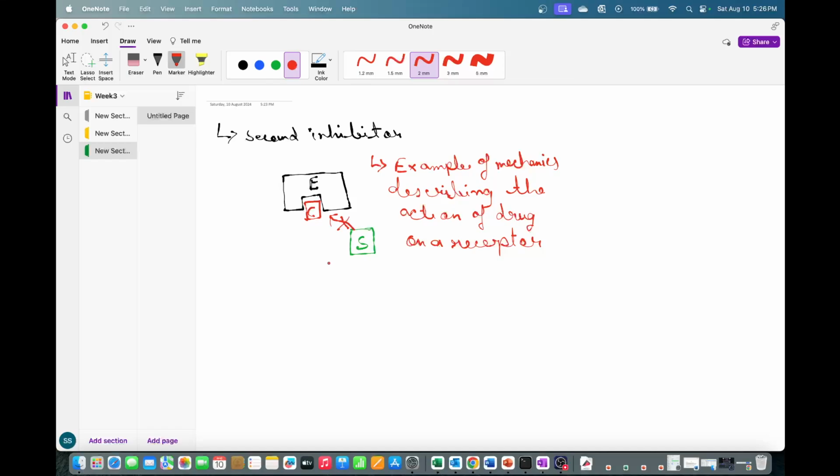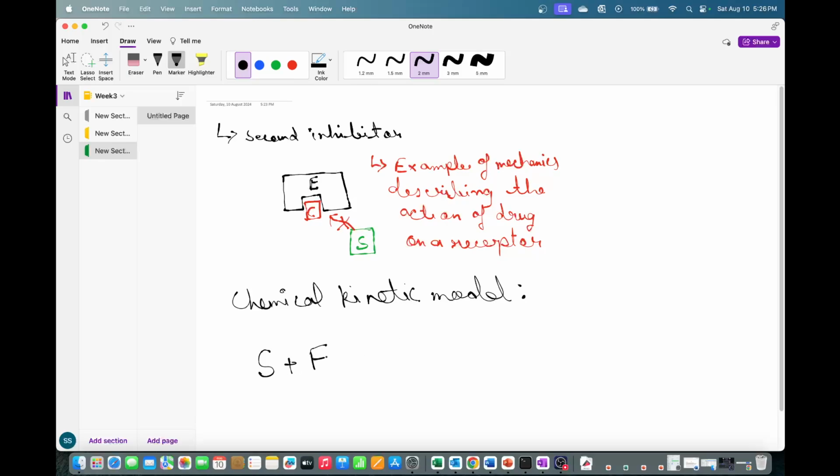So if you assume the kinetic model, it will be substrate plus enzyme.